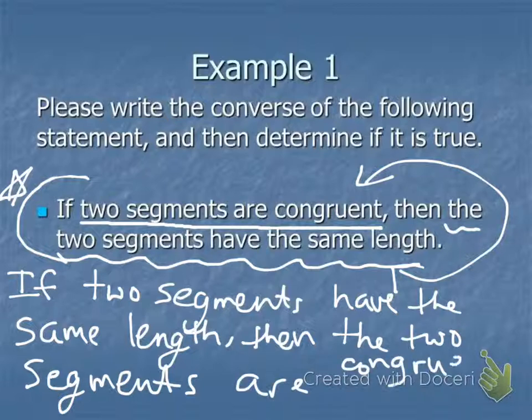Sorry, I sort of ran out of space there. So remember, converse just means flip-flop. So I took the conclusion and made it the hypothesis. I took the hypothesis and made it the conclusion. So our new statement says if two segments have the same length, then the two segments are congruent.